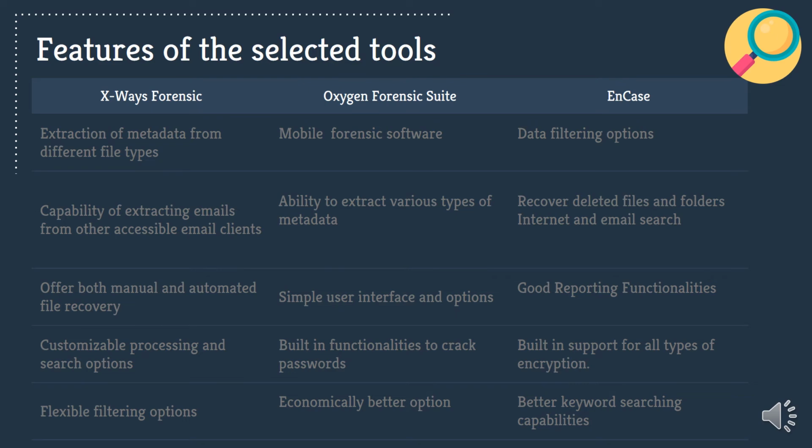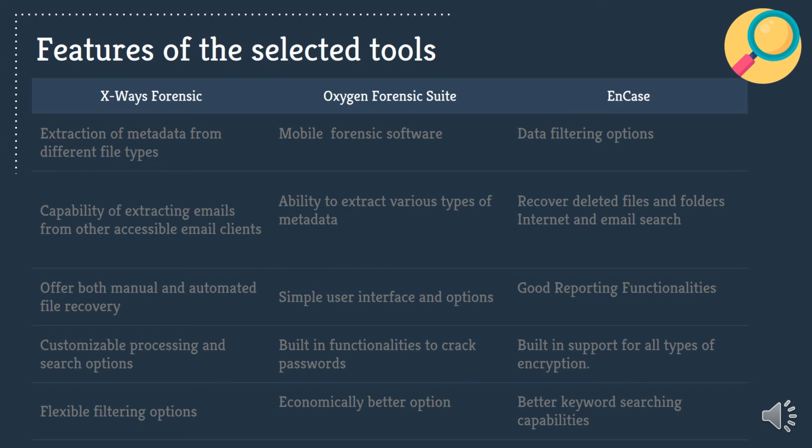EnCase enables the specialist to conduct a top-to-bottom investigation and gather digital evidence that can be used in a court of law. Many of the advantages include a user-friendly tool, and in terms of processing and analysis features, EnCase has good reporting functionalities built into it.